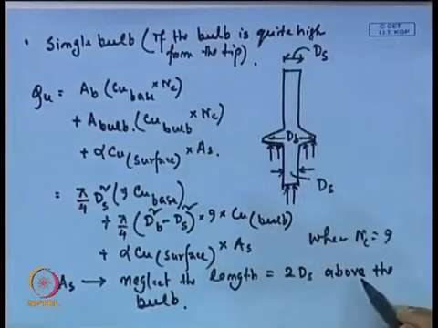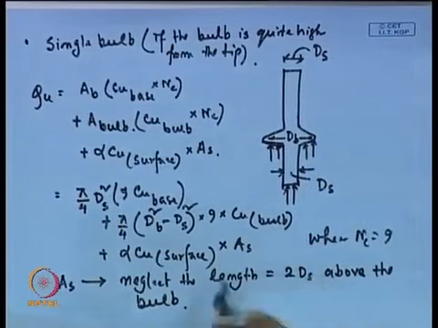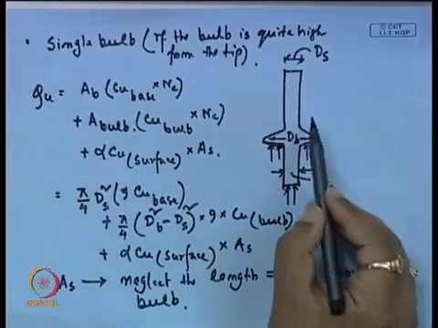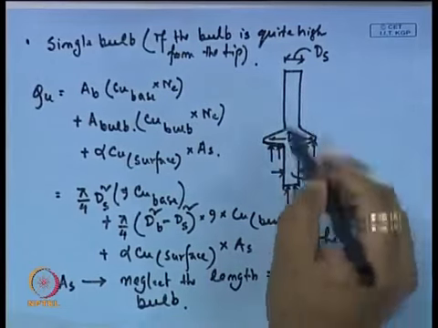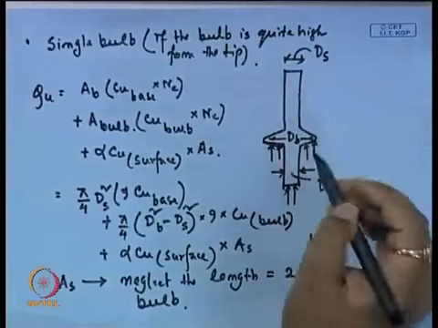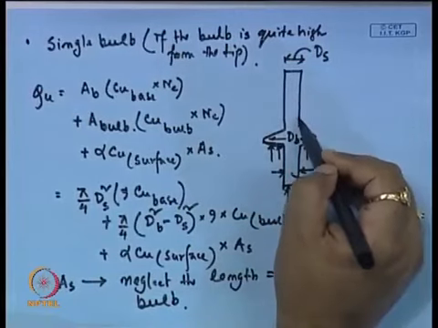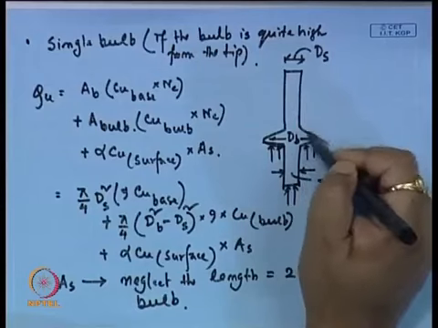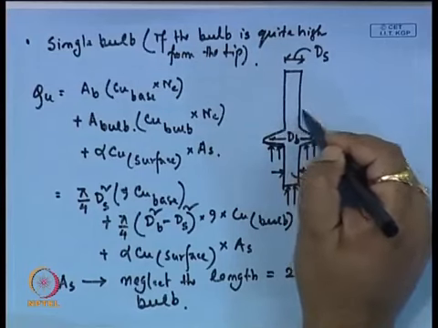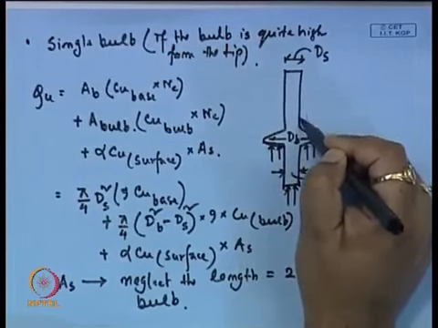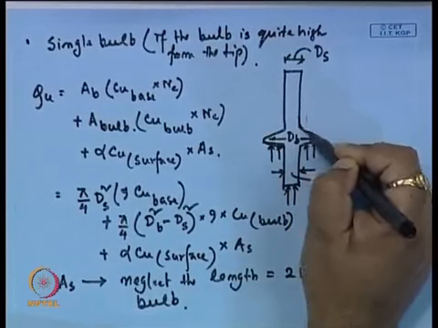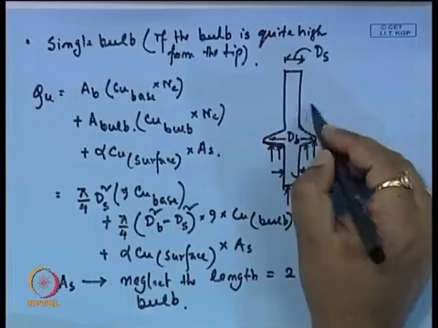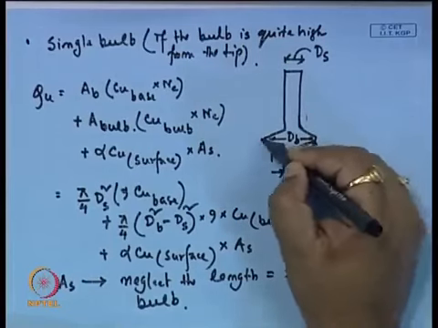That portion is neglected because during the settlement of this pile, there is sometimes a possibility of separation because of this bulb. So, in this region above the bulb portion, there is a separation between the soil and the pile during the settlement because of this enlarged bulb.